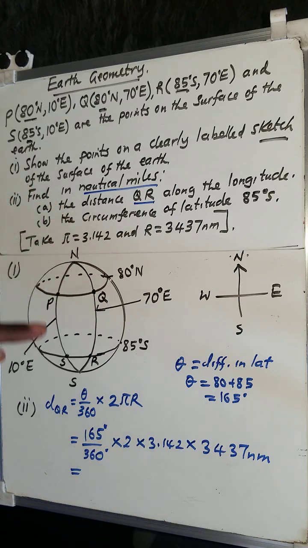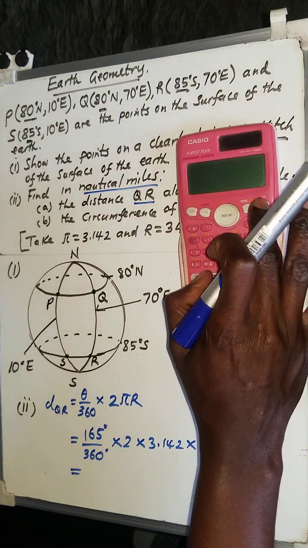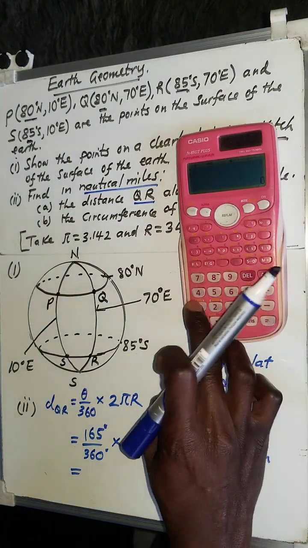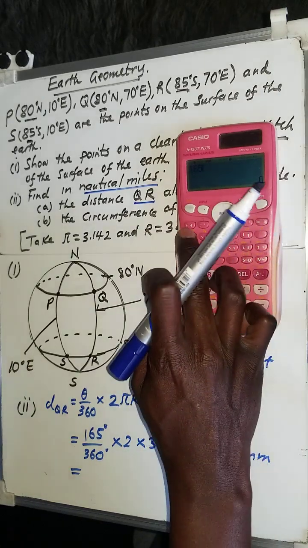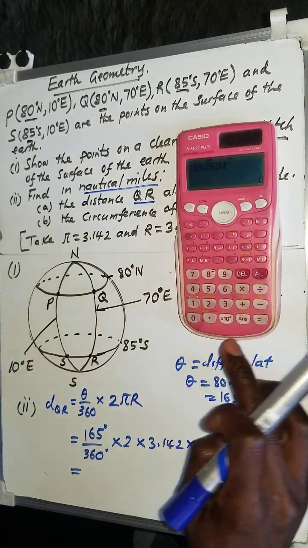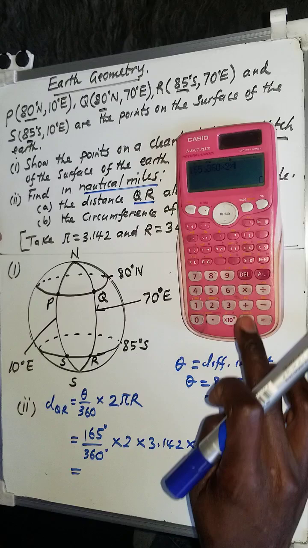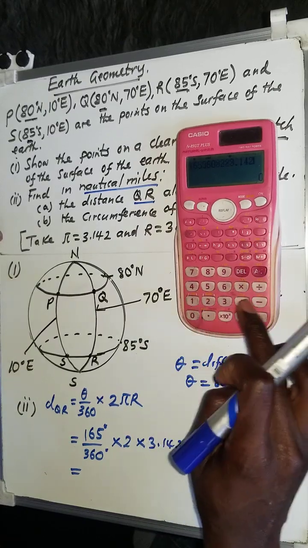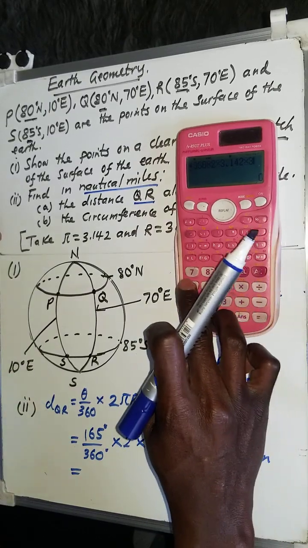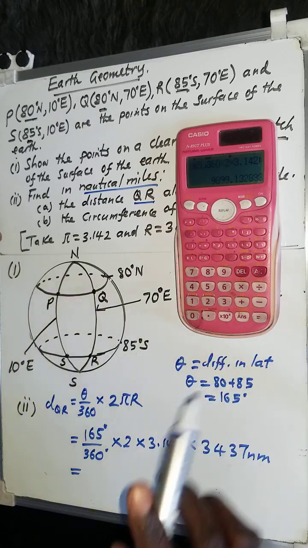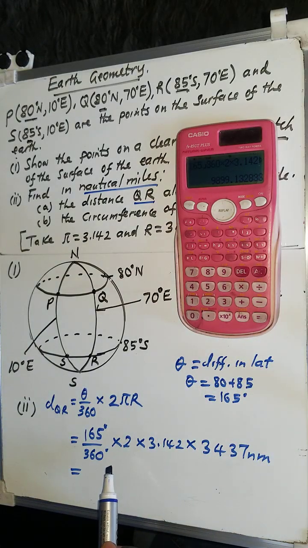So please, you can use your calculator there and check what will be the value. So 165 over 360 multiplied by 2 multiplied by 3.142 multiplied by 34.37. So it is giving me, all right, I'll just leave it to 2 decimal places.